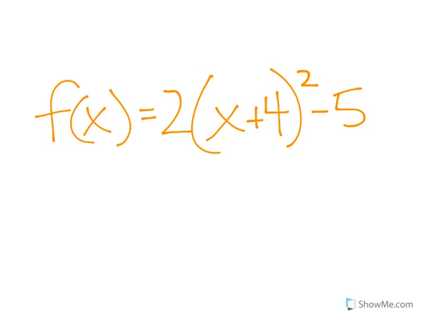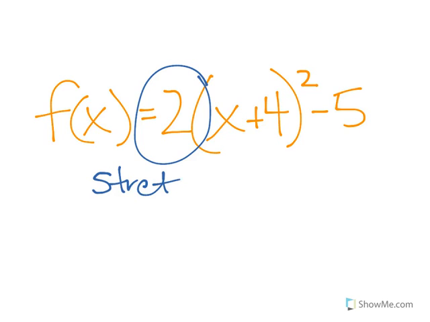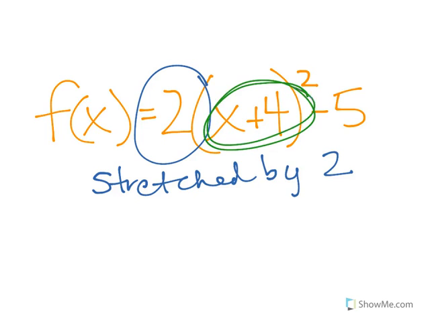Okay, here's my next equation. f(x) = 2(x + 4)² - 5. This is talking about our stretch or compression, and this is a stretch. So when we describe it, we're going to say it's stretched by 2. Next, we're going to talk about our horizontal shift, and that's the opposite of what we think it is.